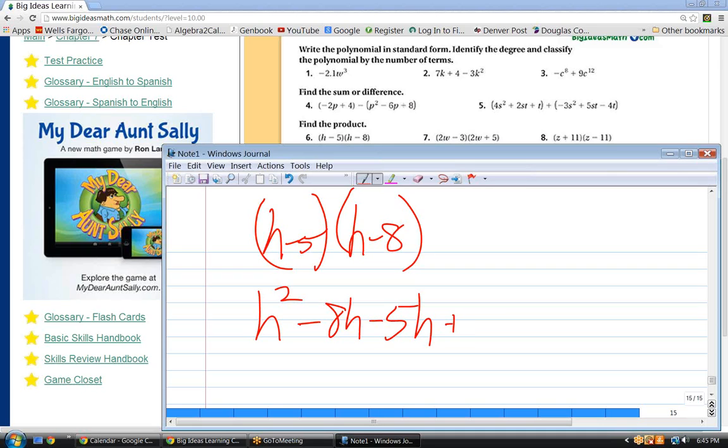Oh, plus 40. Remember, minus times minus is plus. Okay, simplify. h squared minus 13h plus 40. Give me some conviction.